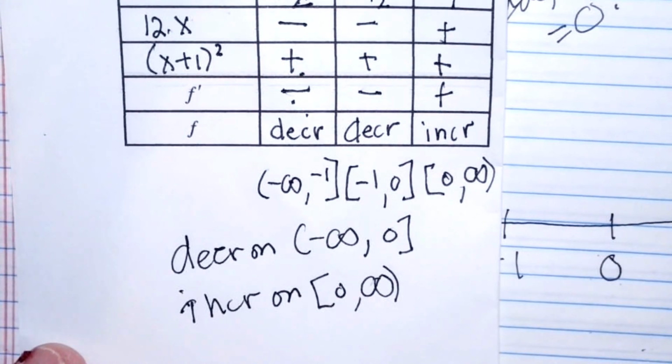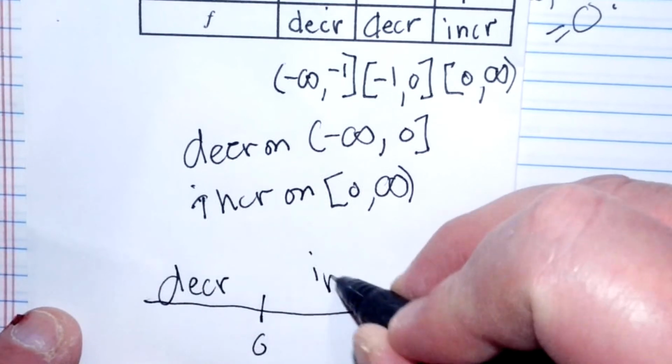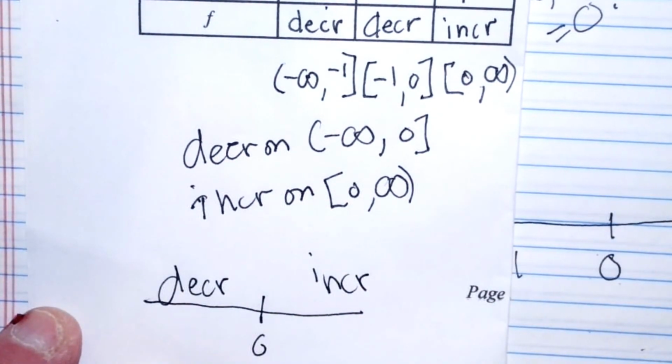What about maxima and minima? Well, the function is decreasing to the left of 0, and it's increasing on the right side of 0.